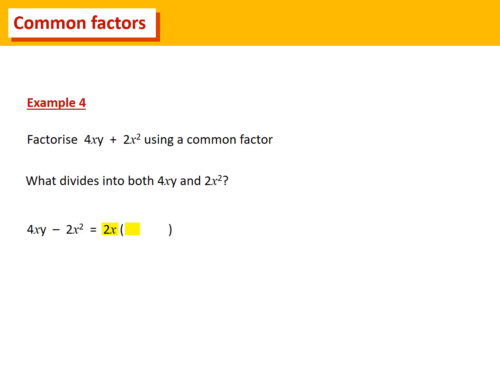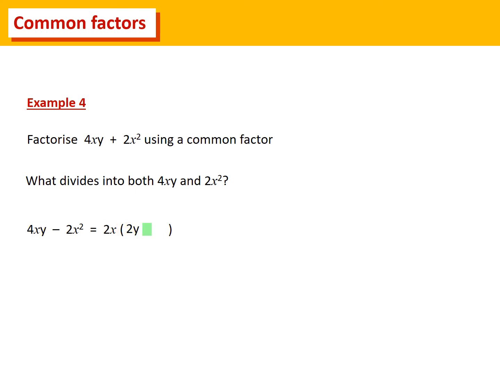So 2x times something has to give me 4xy. What is the something? Well, to get from 2 to 4, I need to be multiplying by 2, so there needs to be a 2 there. And to get from x to an xy, I must have multiplied by a y. So 2x times something gives me 4xy. The something must be 2y.